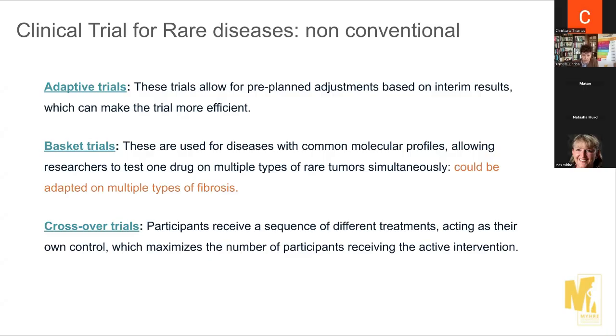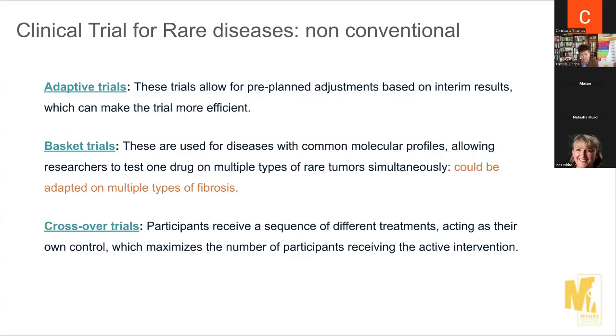The basket trial is also another one that we can have in Myhre, because Myhre, being a gain of function, you touch the whole TGF beta world and family, meaning that there are other diseases that could benefit from the same treatments as Myhre syndrome.